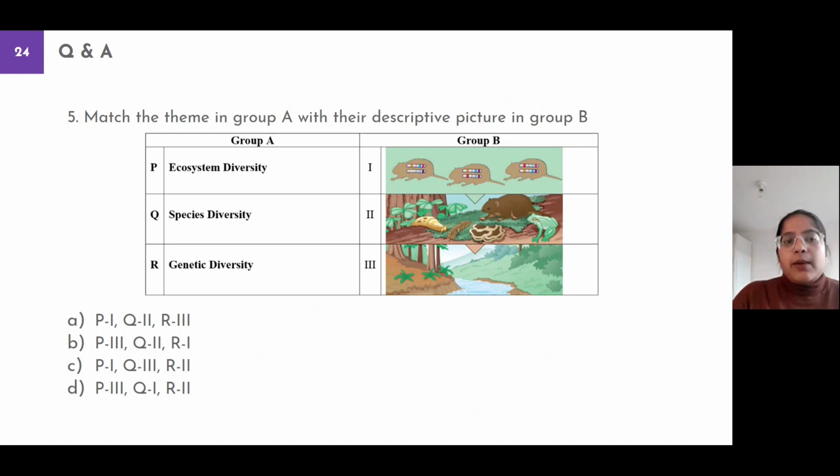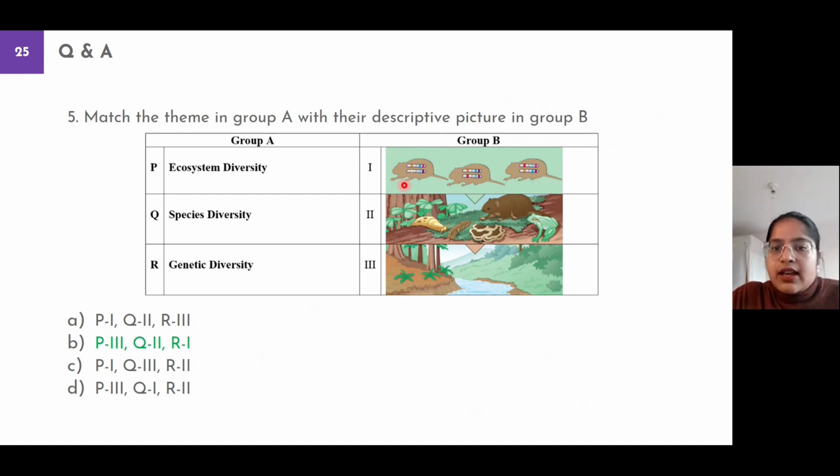Next, we look at question 5, which is to match the theme in group A with a descriptive figure in group B. The themes in group A are ecosystem diversity, species diversity, and genetic diversity, and we have to match them with the respective figures in group B. The correct answer is B, which is P matches with 3.